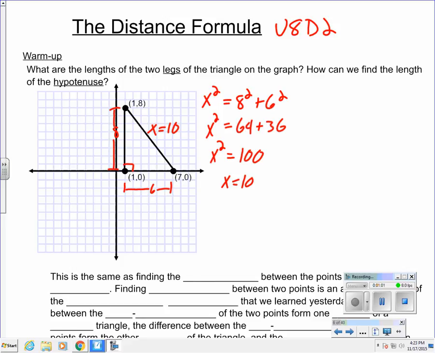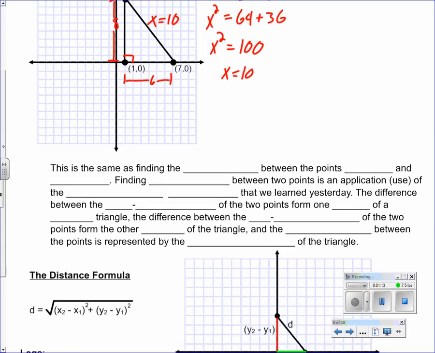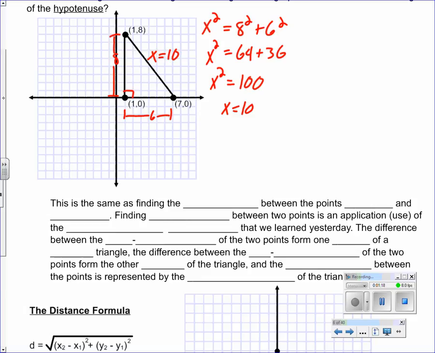So this is really the same thing we did yesterday, we're just putting a graph behind it, and this is our first application of the Pythagorean theorem. This is called the distance formula. So what we did on this graph is the same as finding the distance between these 2 points, 7, 0 and 1, 8.